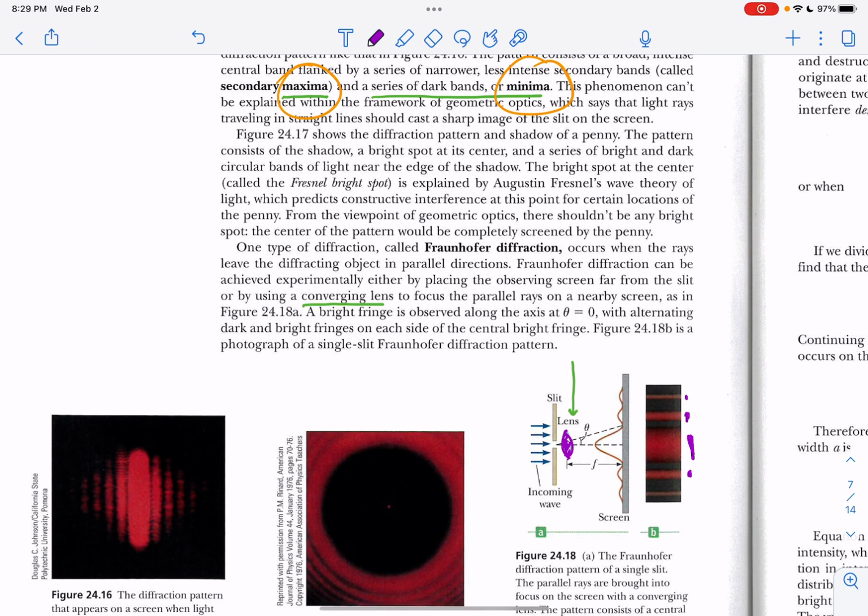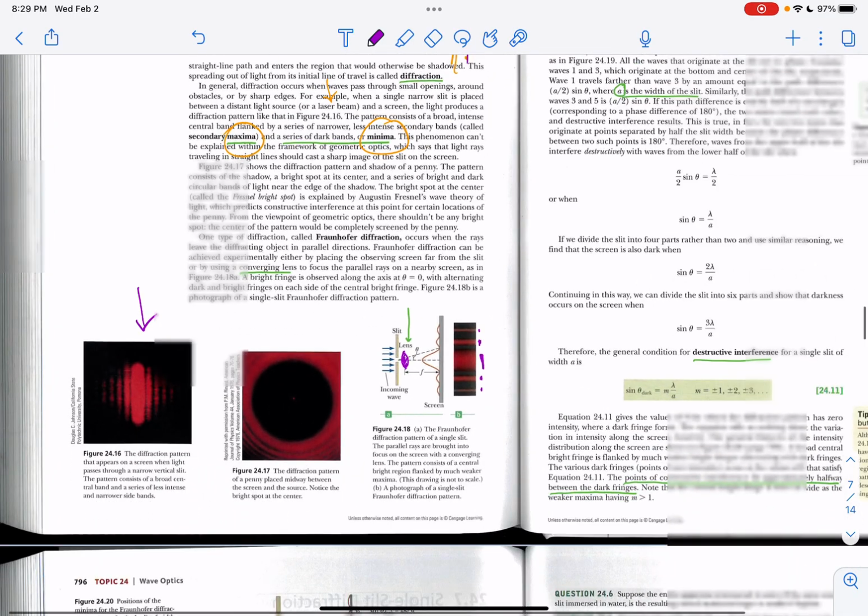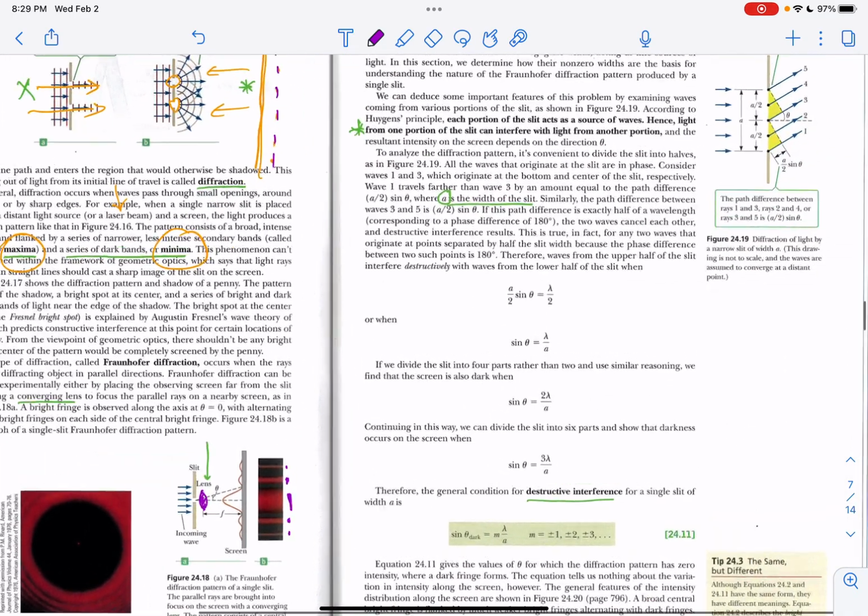You reverse it on the other side. And that's just an example of Fraunhofer diffraction. If you were to see it, it would look like this over here. I doubt that would be on the AP.